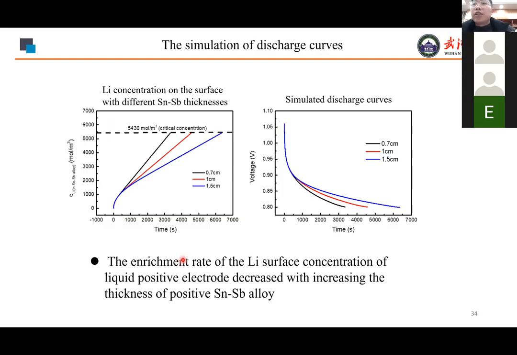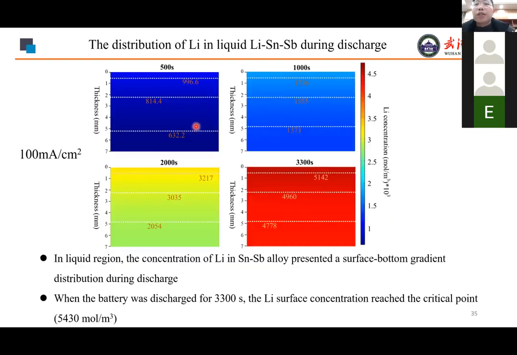The effect of the thickness of positive electrode on the enrichment rate of lithium concentration on the surface is also simulated. The enrichment rate decreases with the thickness of the alloy. This is the distribution of lithium in the liquid positive electrode during discharge.